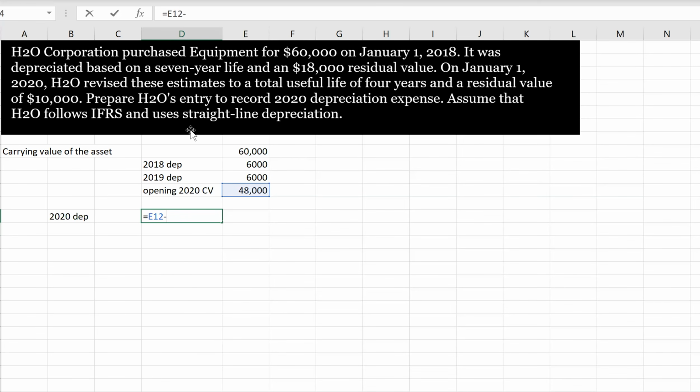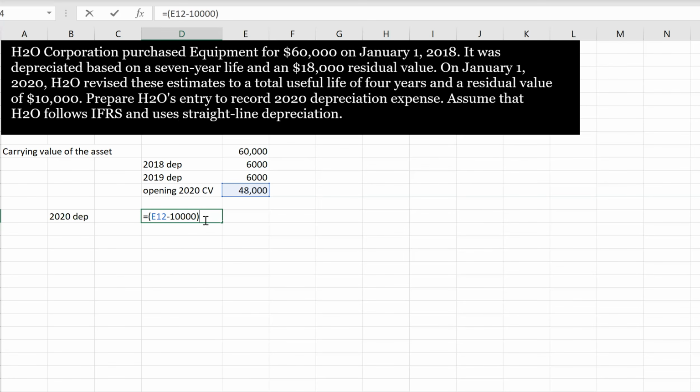So now I think it has a $10,000 residual value. And we said that originally the estimated life of the asset was 7 years, but now we think it's only 4 years. So how many years do we have left from 2020?